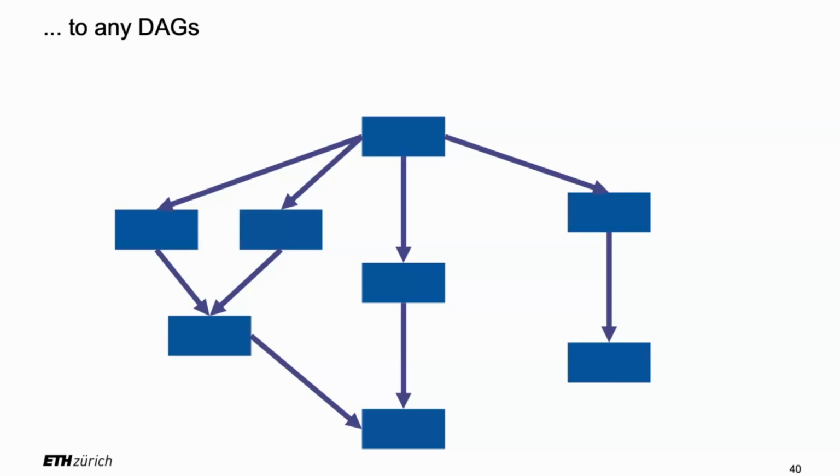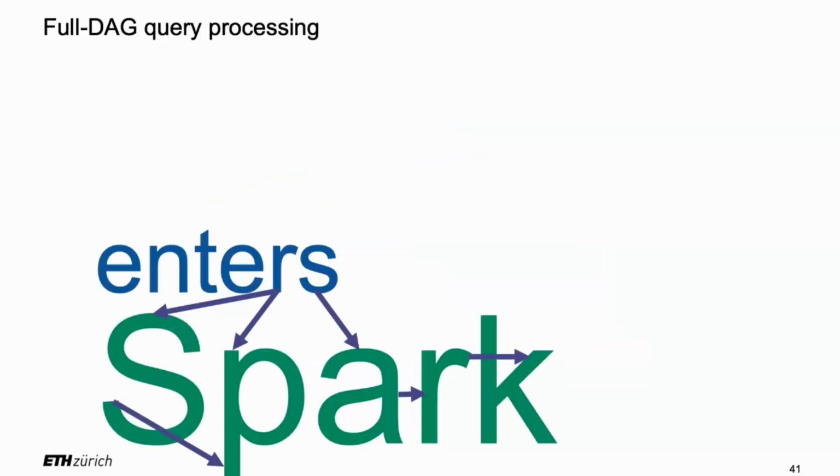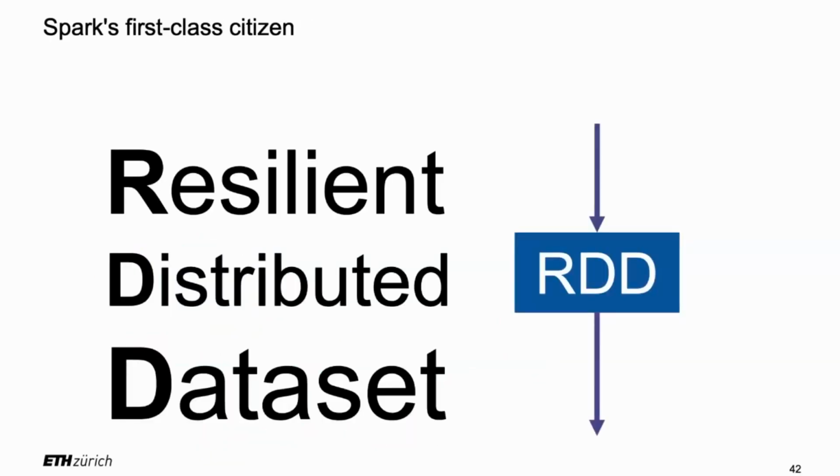You don't want directed cycles because otherwise you wouldn't be able to derive the data. So it cannot have cycles, but we accept any directed acyclic graph. That is the first thing that Spark supports as opposed to MapReduce. So this is what I call DAG query processing.